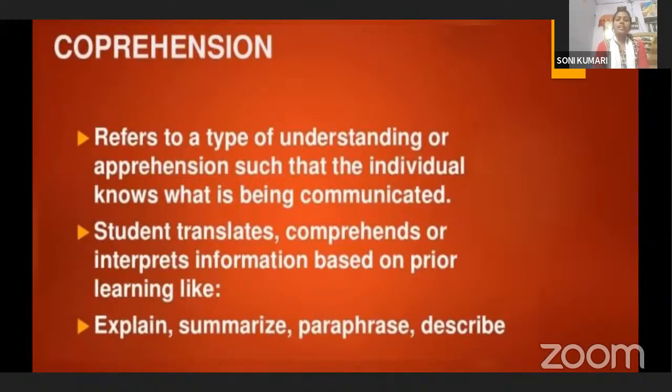Whenever we ask any question and he explains, that is called comprehension. Or if we give a paragraph and he summarizes it in his own language, that is called comprehension.